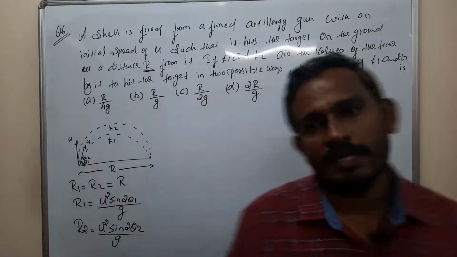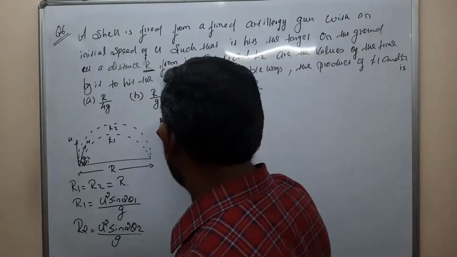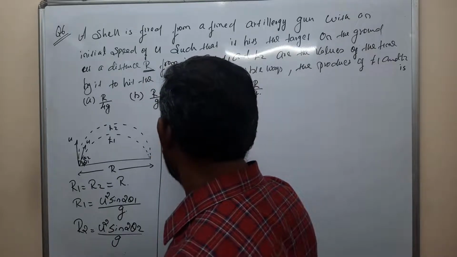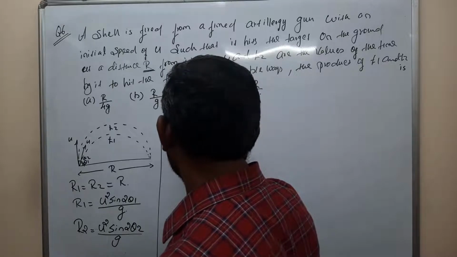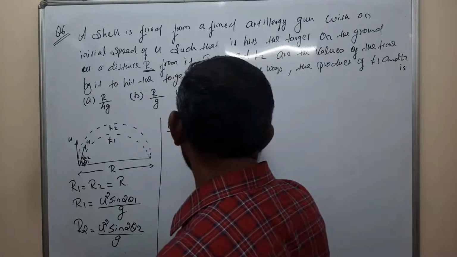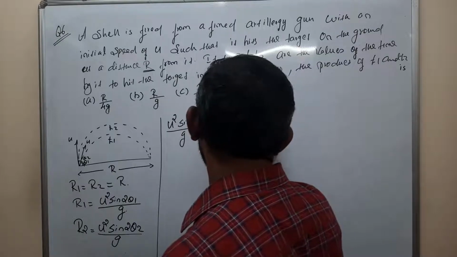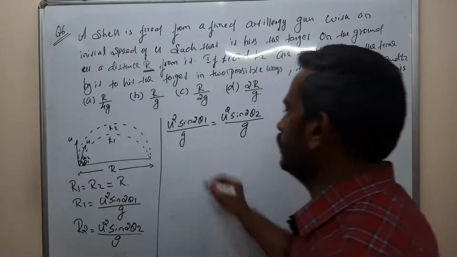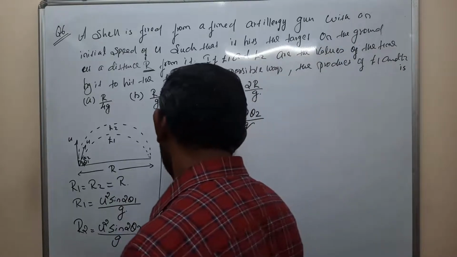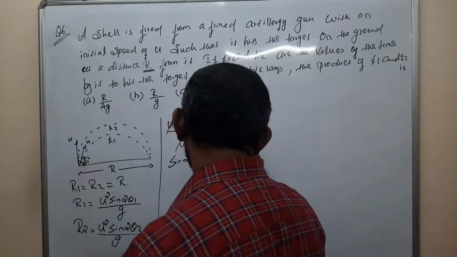Am I right? So from this, the range R1 is equal to R2. So u square sin 2 theta 1 divided by g is equal to u square sin 2 theta 2 divided by g. So g cancels, u square cancels. So what we can write, that is sin 2 theta 1 is equal to sin 2 theta 2.